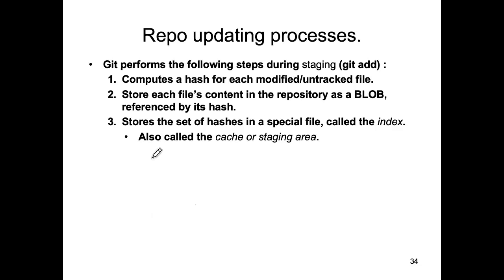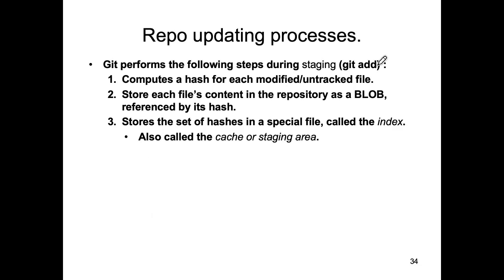So what happens when we type the git add -a command from the command line? In other words, when we stage all of the modified files or new files that we've created. When you type this command, Git finds all of the files that are modified files or new files.